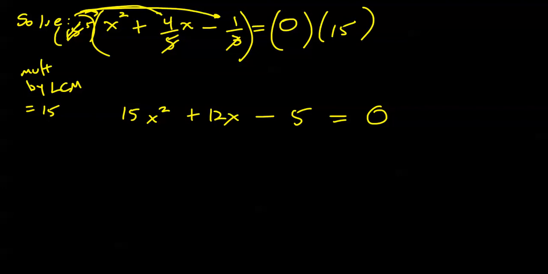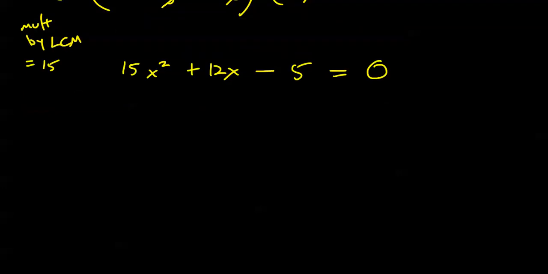All right, so I get something that looks a little more friendly, an equivalent equation with the fractions gone: 15x squared plus 12x minus 5 equals 0. And of course, we are in standard form. So I'm going to use the quadratic formula with a equals 15, b equals 12, and c equals minus 5.